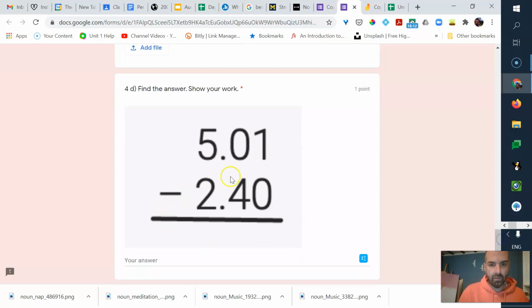Find the answer, show your work. Oh, okay, so now I have to do some carrying, so I want to keep the distance, right, because we're subtracting. If I give and take, big mistake. Give and take, big mistake. There you go. So I want to get this to a friendlier number, like 4 and 99/100.